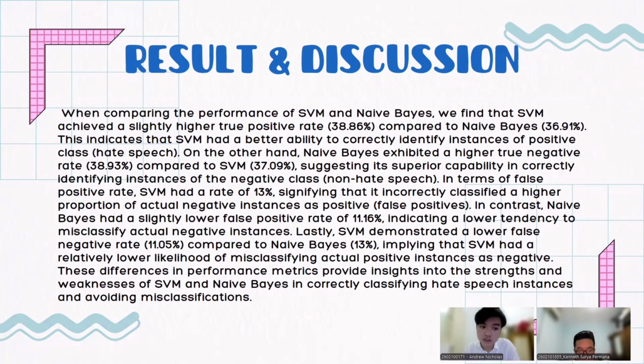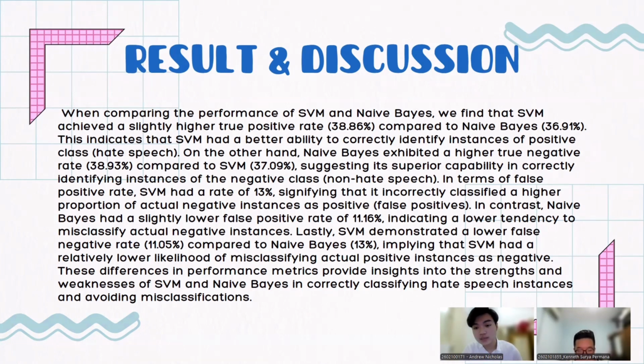In terms of false positive rate, SVM had a rate of 30%, signifying that it incorrectly classified a higher proportion of actual negative instances as positive. In contrast, Naive Bayes had a slightly lower false positive rate of 11.16%, indicating a lower tendency to misclassify actual negative instances.